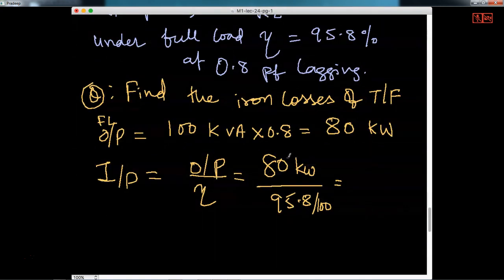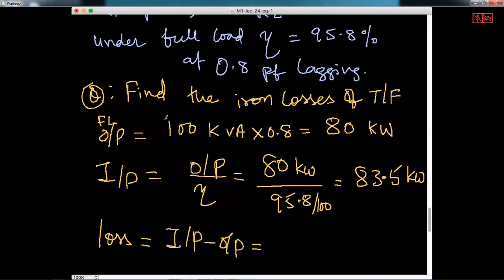Losses is nothing but input minus output, the full load input minus the full load output. So 83.5 kilowatts minus the output of 80 kilowatts. So overall the losses are now coming to 3.5 kilowatts, or 3500 watts.